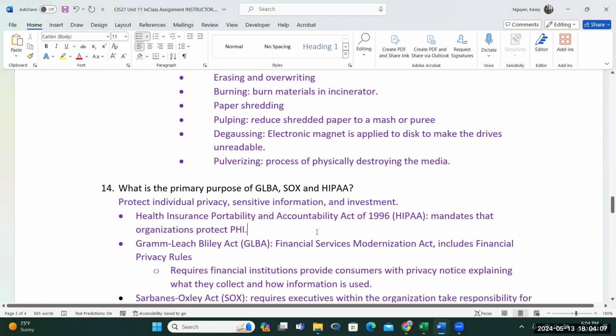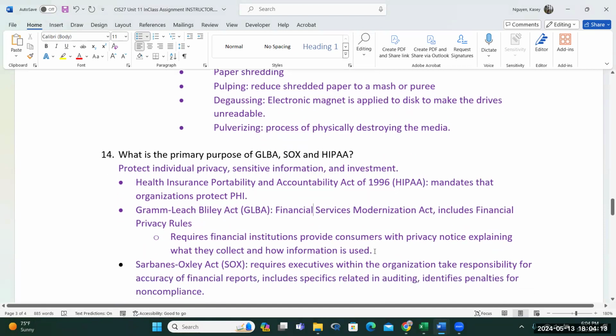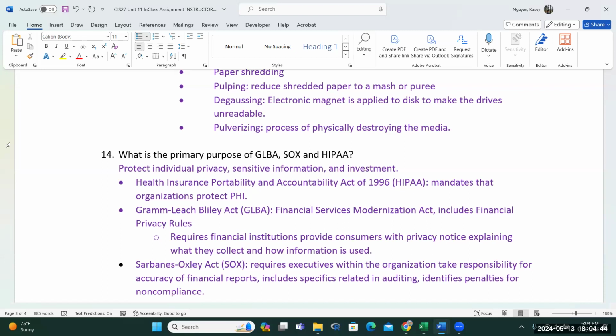Gramm-Leach-Bliley Act, your GLBA, the Financial Services Modernization Act. This required privacy rules: financial institutions must provide customers with a privacy notice explaining what they collect and how information is used. When you receive that piece of paper in the mail, it tells you where your data goes and what they collect. So with in-app advertisement, you know how you can get points or discounts or money back for certain things that you use?